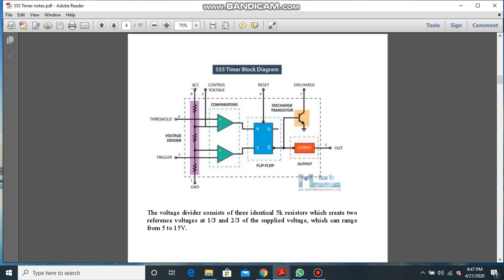So what it means: here plus VCC is connected, this resistor is connected at the comparator. At this point, another resistance, and a third resistance which is grounded. So each resistance will have a voltage of 1/3, 1/3, 1/3. So it has 1/3 and 2/3 of the supplied voltage, which can range from 5 volt to 15 volt.